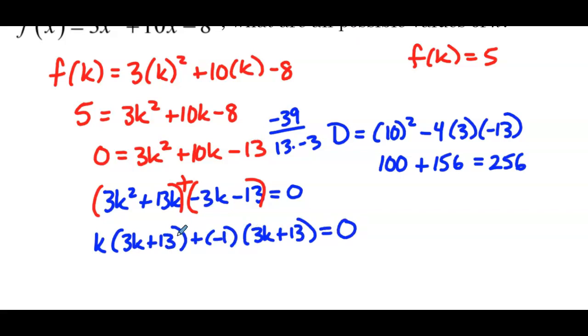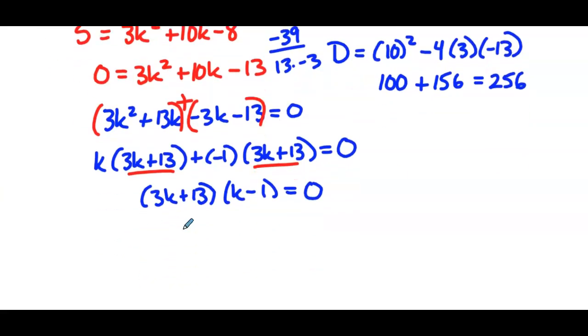Now we can take out that greatest common factor of 3k plus 13, and we'll be left with k minus 1 equals 0. So that means either 3k plus 13 equals 0 or k minus 1 equals 0.